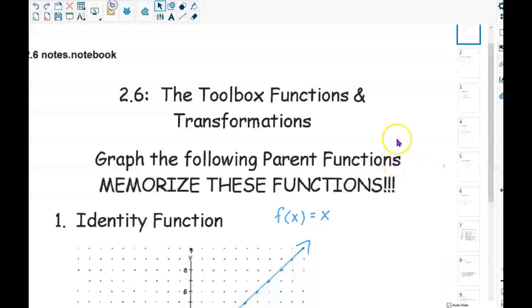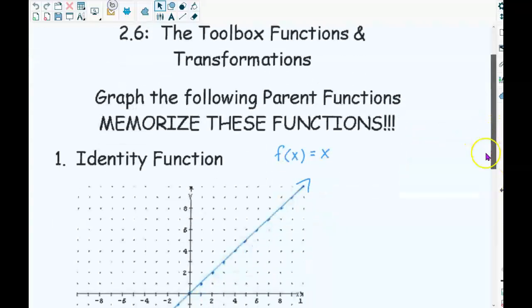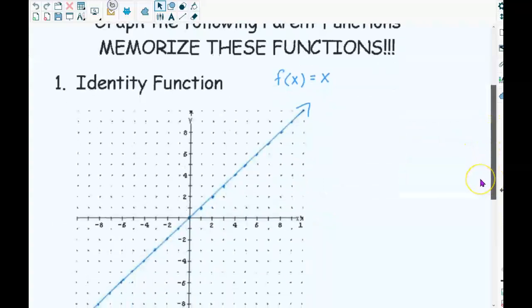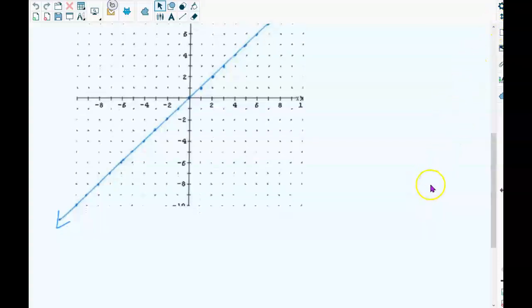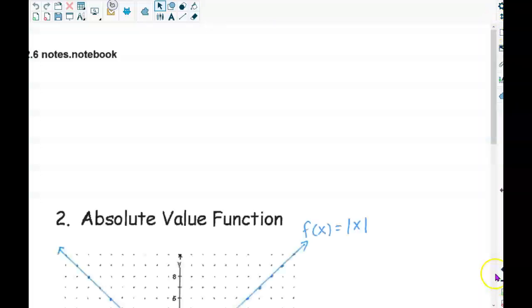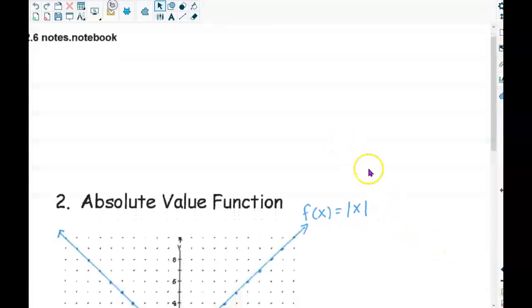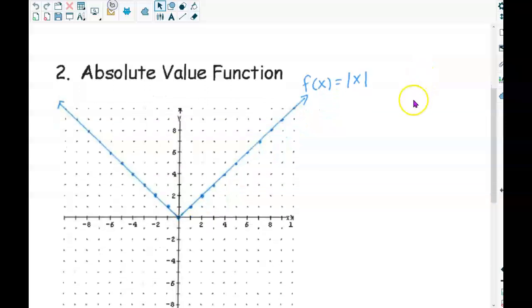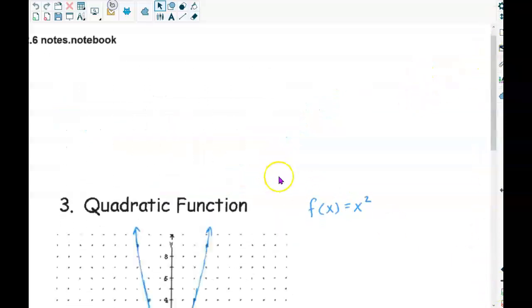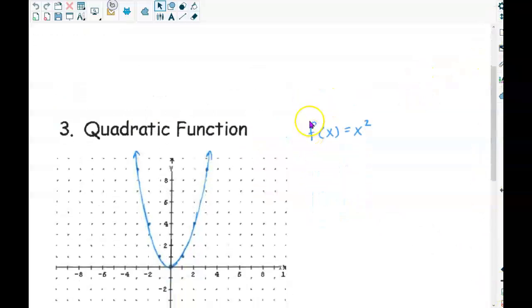First one was the linear, agreed? Then the next one was the absolute value function, correct? Then the next one was quadratic, correct?